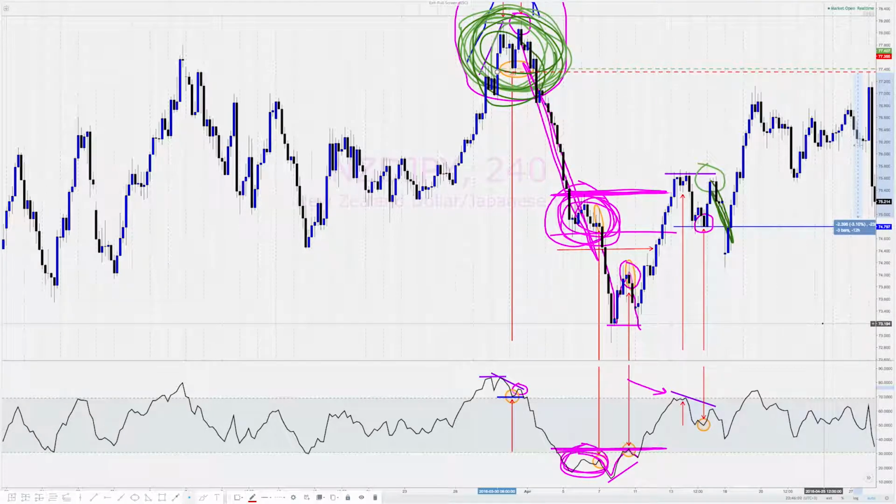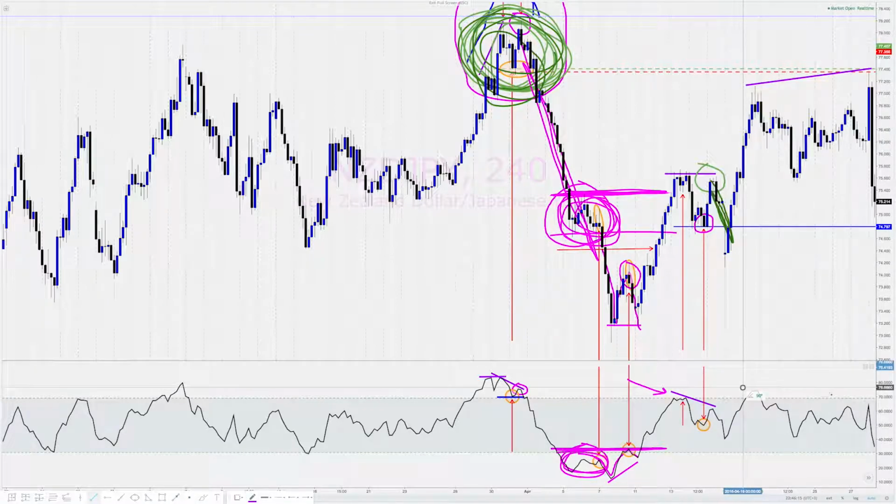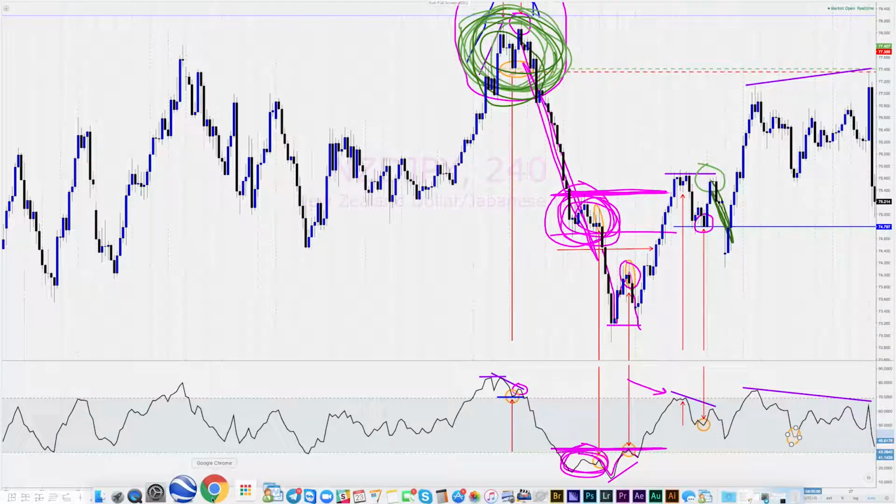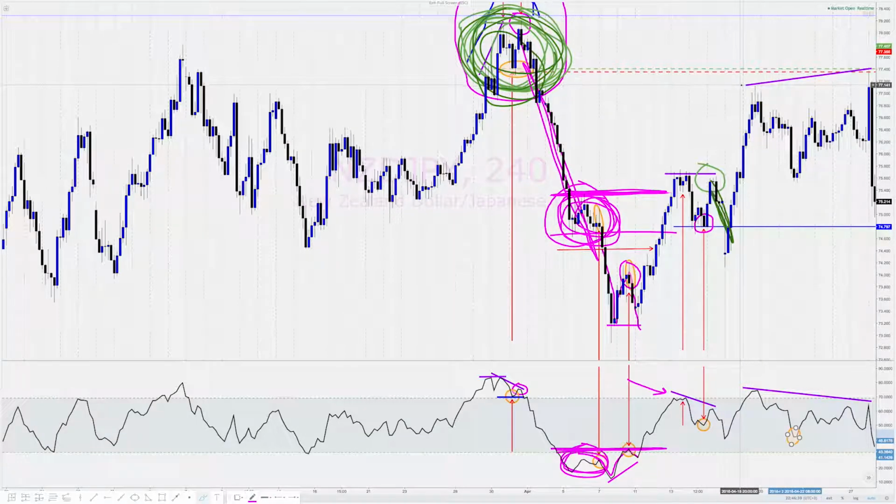And did we see that setting up on the RSI? I think we did. We have an up move there, the price. We have a down move on the RSI. This would be our most recent peak between the divergence. I'll draw that in. Start here, come down.